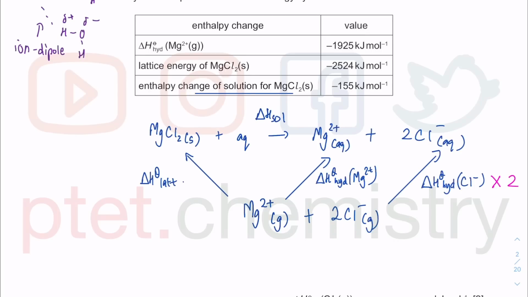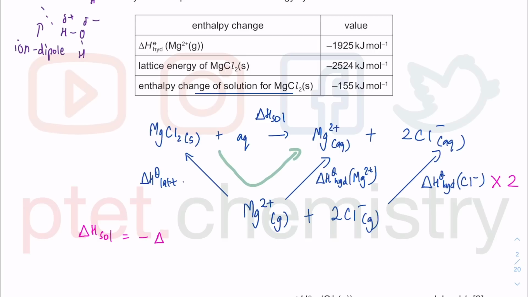Now Hess's law says that, in AS, Hess's law says that the enthalpy change of a reaction does not depend on which path you take. So I'm going to take the indirect route, indirect path. So this is the indirect path going via the lattice energy and also the hydration enthalpy. This is a direct path, so going that way, enthalpy of solution is equal to going against the lattice.